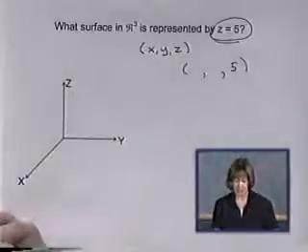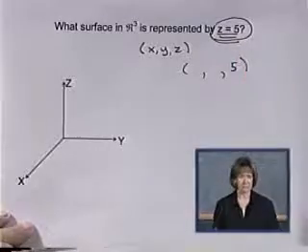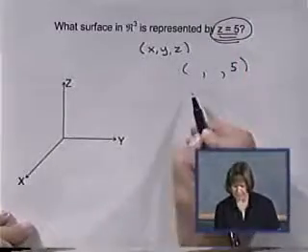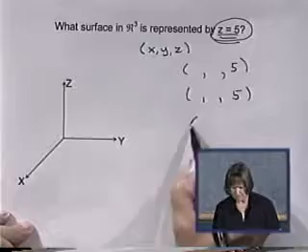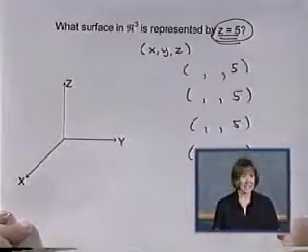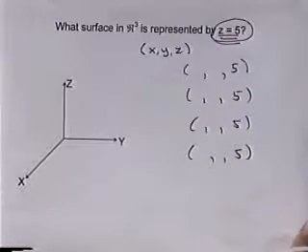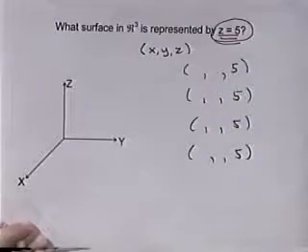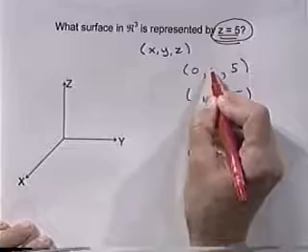Now in 3 dimensions, we want z to be 5. So z has to be 5. But what do x and y have to be? x and y can be anything. So think about this. I could let x be 0, y be 0.